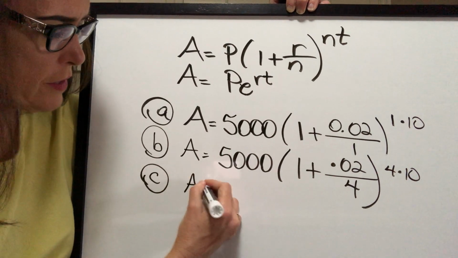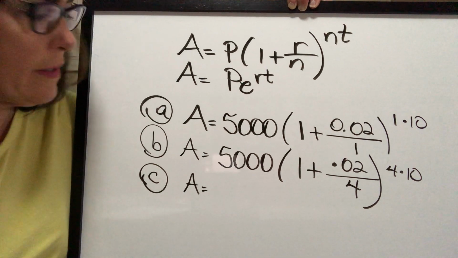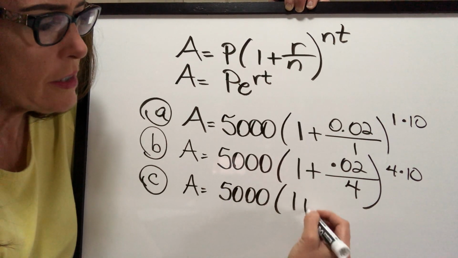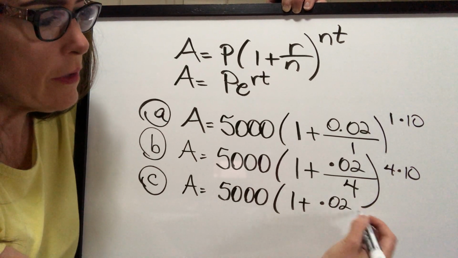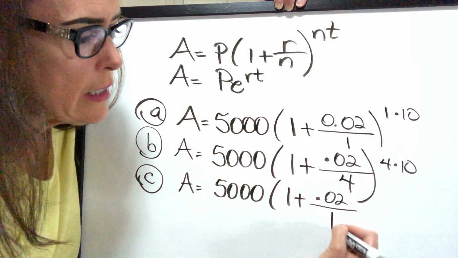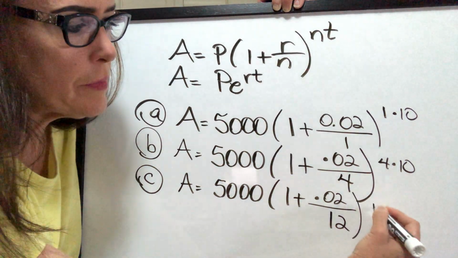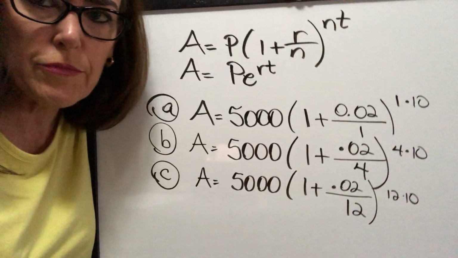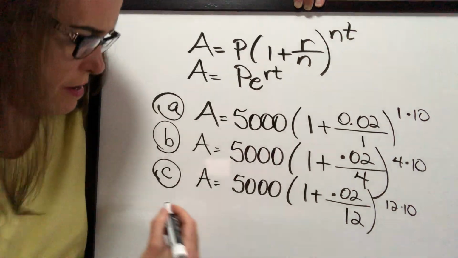Okay, so for part C, it says monthly. So I'm going to keep all the same numbers. It's just that instead of the 4, now I have to think how many months are in a year. Well, of course, there are 12, so 12 would go here. And this would be 12 times 10.